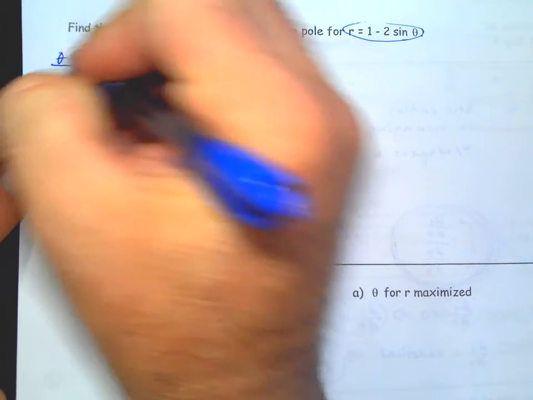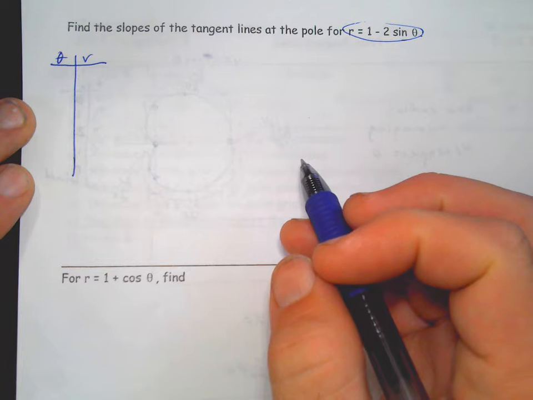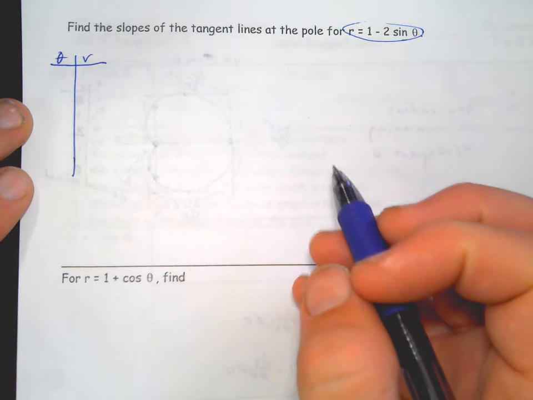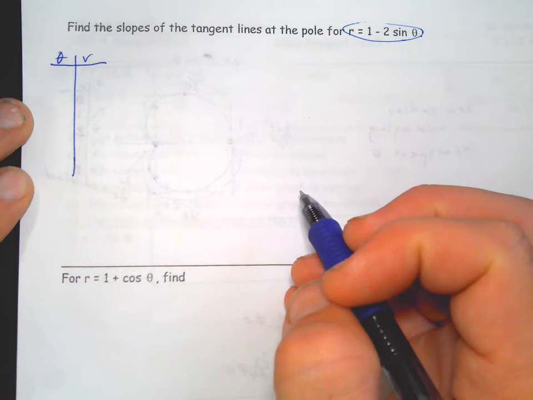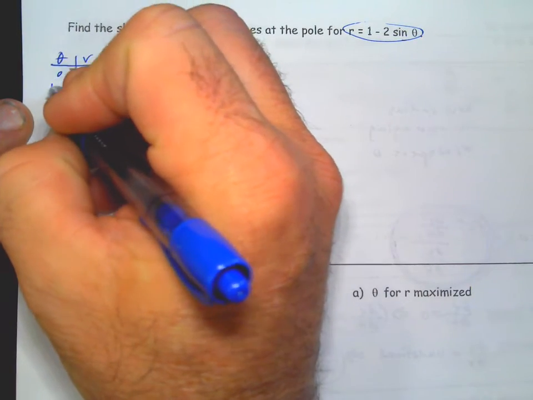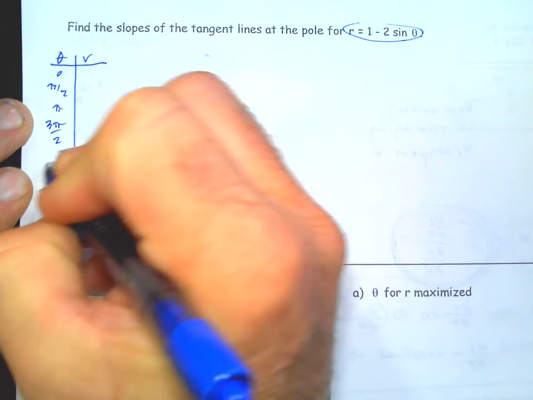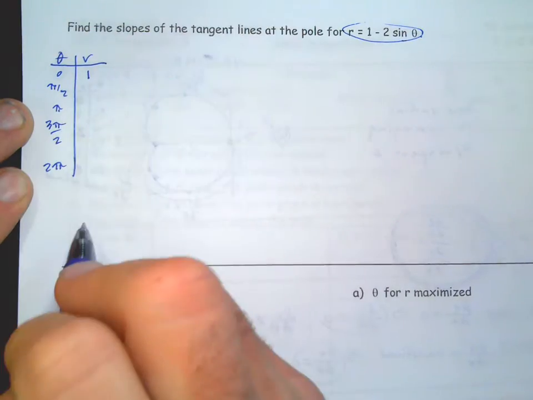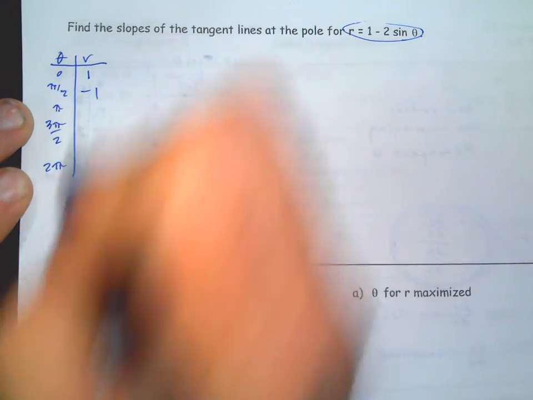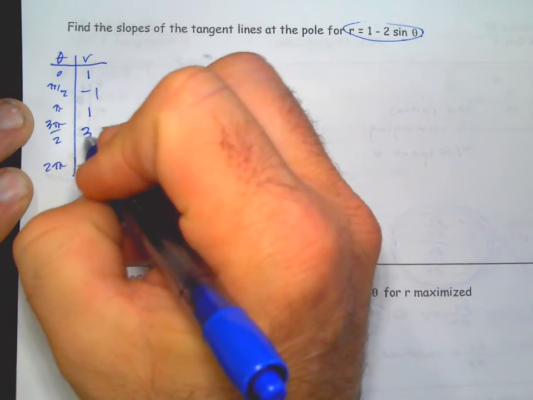if we did a quick table, it'll become obvious if there's that extra dot on the inside of it or the outside of it. So 0, pi over 2, pi, 3 pi over 2, 2 pi. You guys should be getting good at this. Sine 0 is 0, so it's 1. Sine pi over 2 is 1, so it's going to be negative 1. 1, 3, and 1.